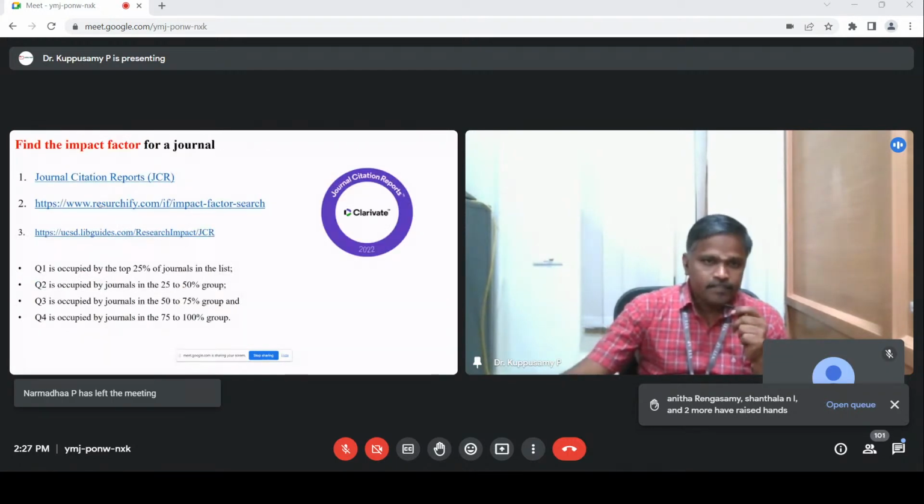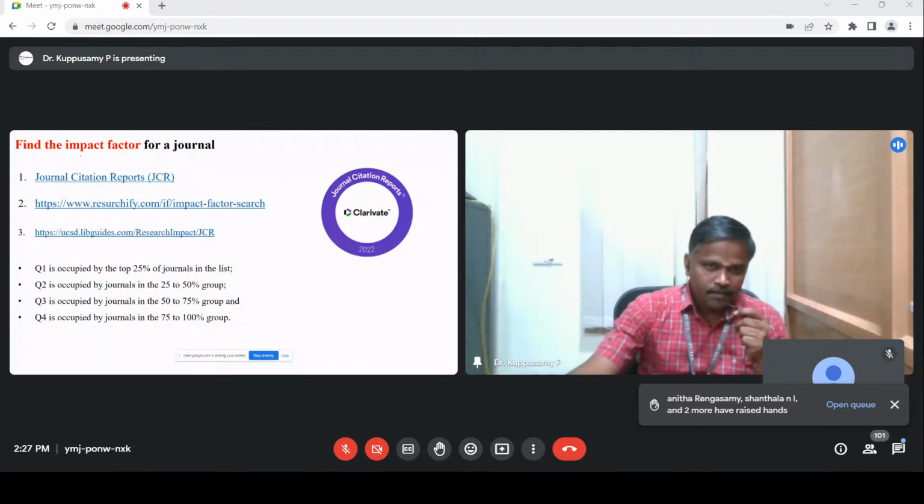And how can we check this? The main theme of the session is how can we find the impact factor, high impact factor journals. So here some of the web pages I am sharing here to check the journals citation report. This is one of the web pages which lets you check a particular journal's past year report.